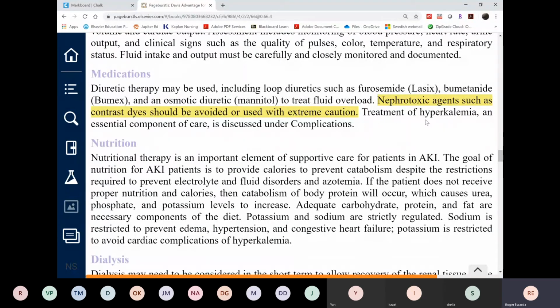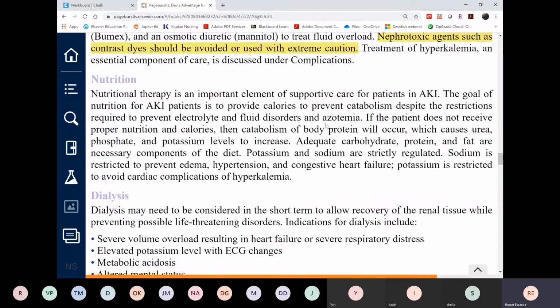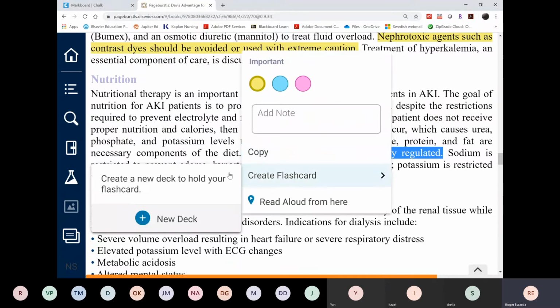That way we do not exacerbate the condition. Here we manage the individual problems, supportive therapy. Nutrition, you already told me that we're going to be restricting the diet. Okay, here, definitely sodium, potassium. It has to be so many grams only. The doctor has to be specific.